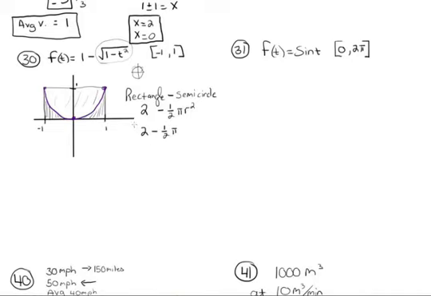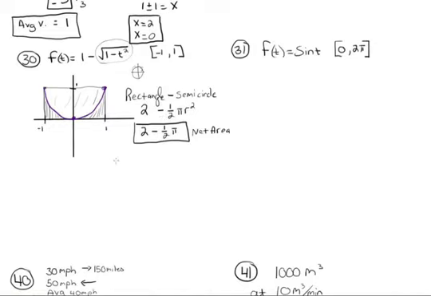And so this right here is my net area. All right. Rectangle 2 by 1, semicircle, pi r squared, radius of 1. 1 squared is 1, 1/2 pi looks good. So that's just the net area.